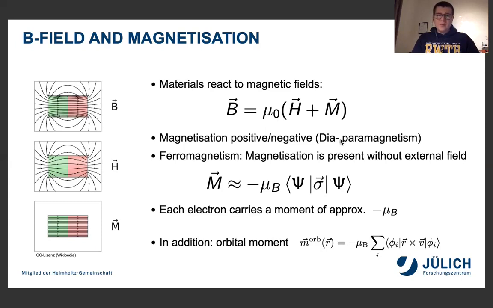And there is also an orbital moment caused by the orbital momentum of the electrons. We can also remember that each electron carries approximately the same magnetic moment, which we'll be using later on.